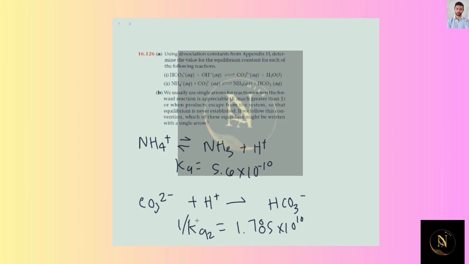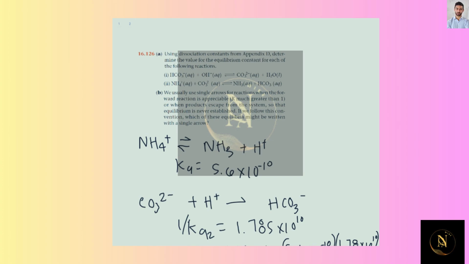Using the same equation as earlier, our K equilibrium is equal to our Ka times the 1 over Ka2. We get 5.6 times 10 to the negative 10 times 1.78 times 10 to the 10, and we get 10 for this value as well.